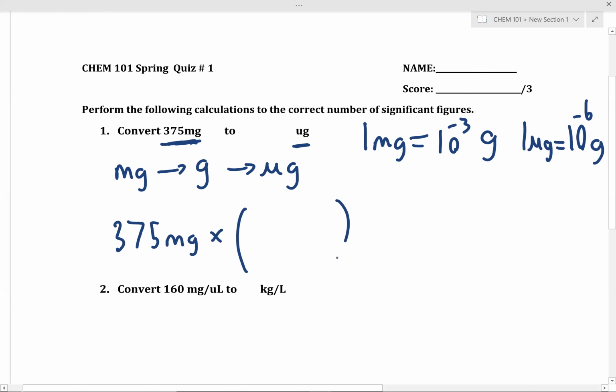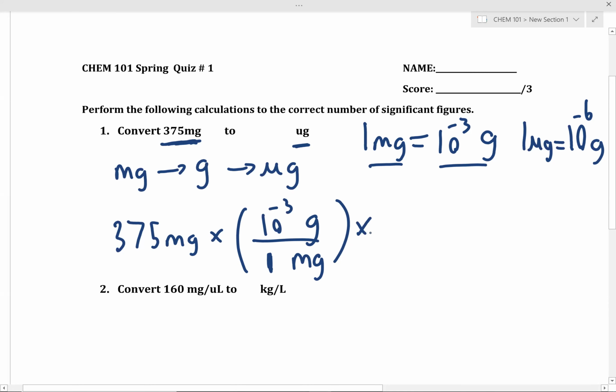And my question to all of you is, in order for us to end up with grams as our final units, what units need to be on top of this equality? Grams. Okay, so we're going to put grams on top. And in order for milligrams to cancel, what units need to be on the bottom? Milligrams. Okay. Now, all we have to do is copy from this equality. So how many grams are in 1 milligram? Yep, 10 to the negative third.